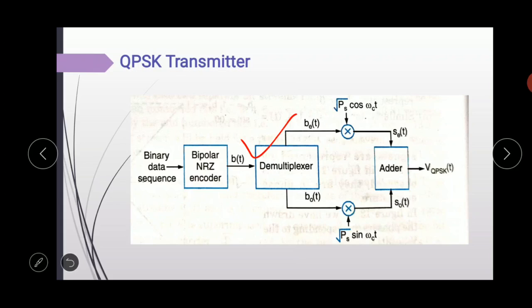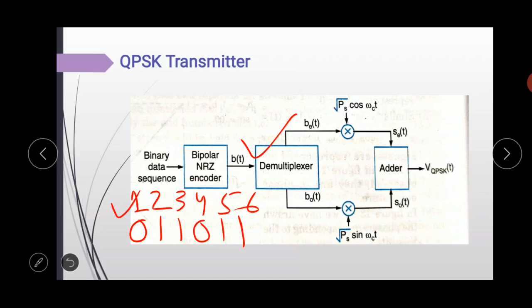Let's see, when the input given is 0 1 1 0 1 1, let's number the bits 1 2 3 4 5 6. The odd positions are 1, 3, 5.